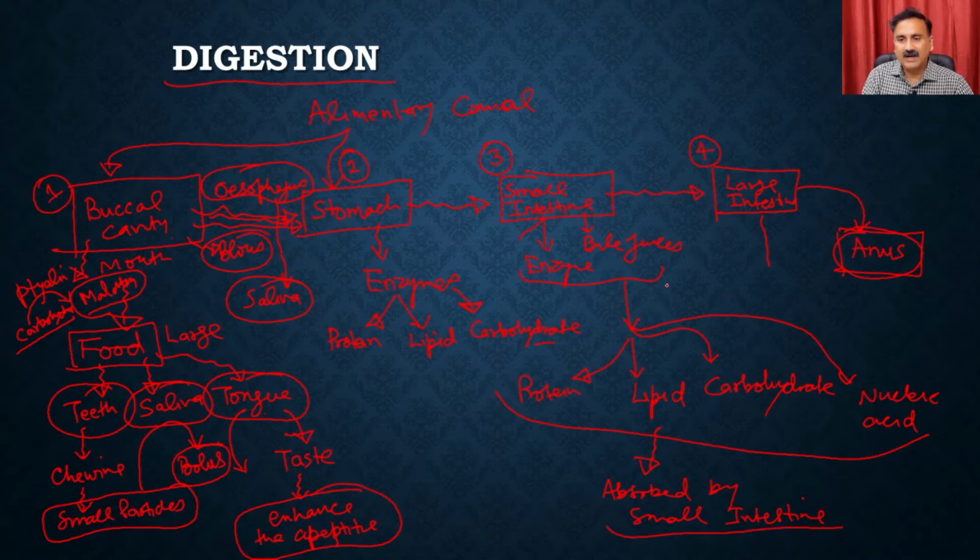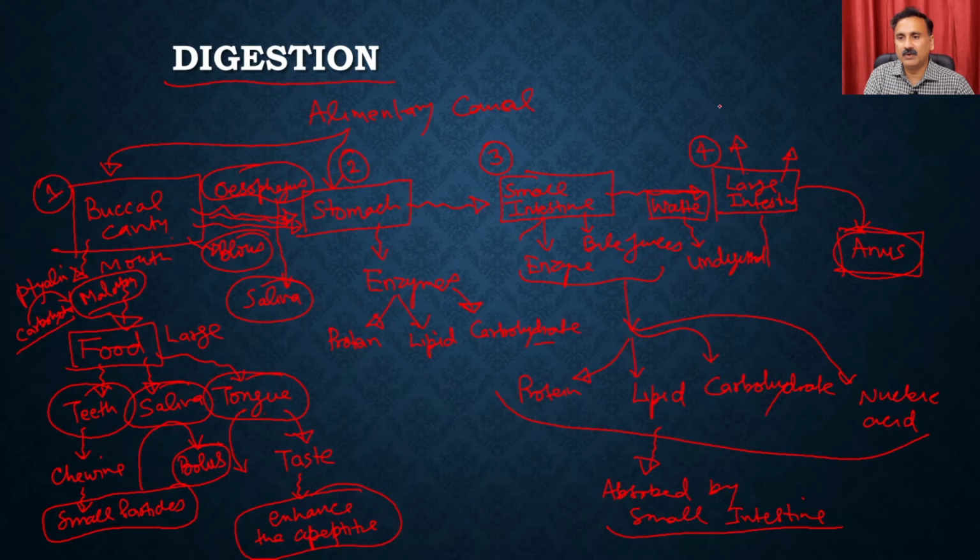Now, whatever the undigested or unabsorbed material is going to be, that is going to be transferred from the small intestine into the large intestine, which means all the waste material, or I will say the undigested material, is going to be transferred from the small intestine into the large intestine. Within the large intestine you are going to have two functions.